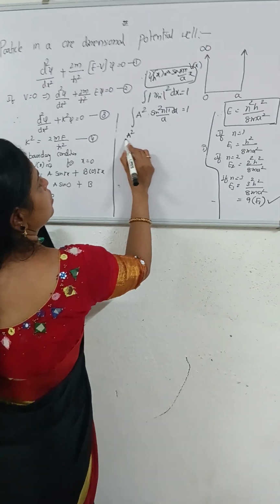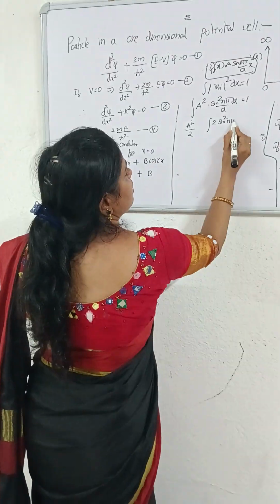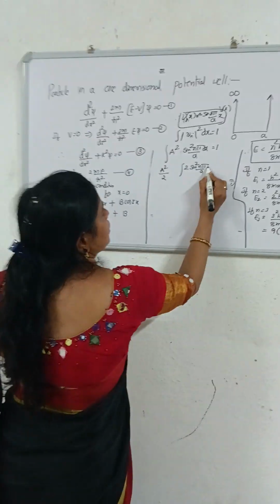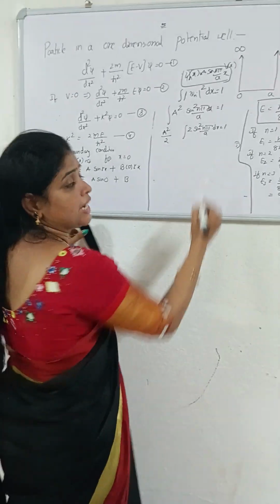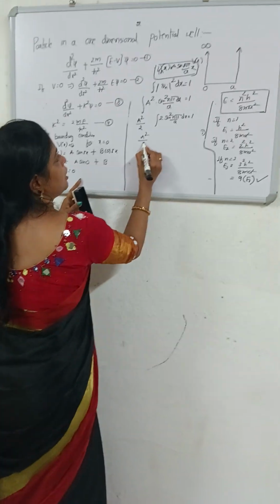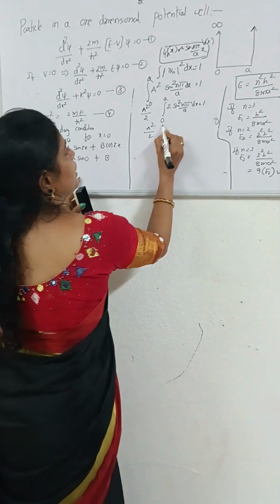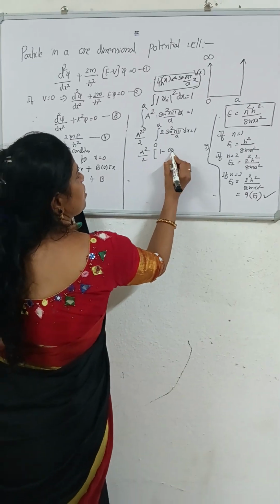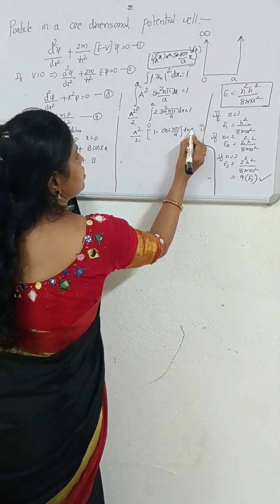Multiply and divide by 2: A square by 2 into 2 sin square (n pi x by a) dx equals 1. Since 2 sin square theta equals 1 minus cos 2 theta, A square by 2 into the limits 0 to a of (1 minus cos 2 n pi x by a) dx equals 1.